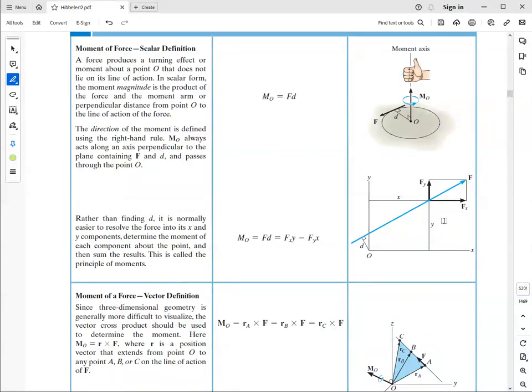If we have concurrent forces, then it's convenient to evaluate about that point O the moment of the individual components.